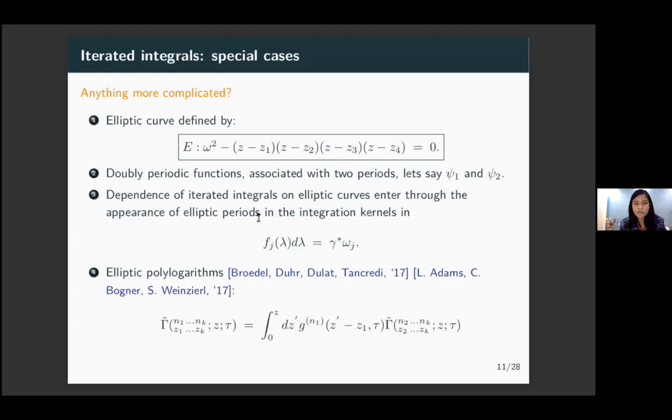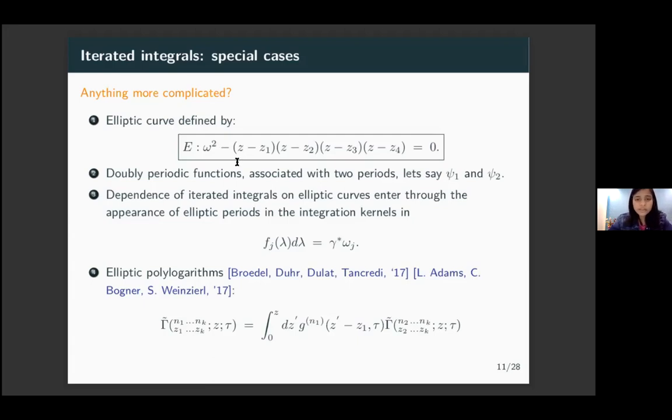They satisfy an equation. Here, omega equals the square root of a quartic polynomial is the equation for an elliptic curve. So once you see that there is an object in your differential equation system which satisfies this, you say that there is an elliptic curve. There are various ways to check whether this is actually an elliptic curve or just a bad choice of variables.